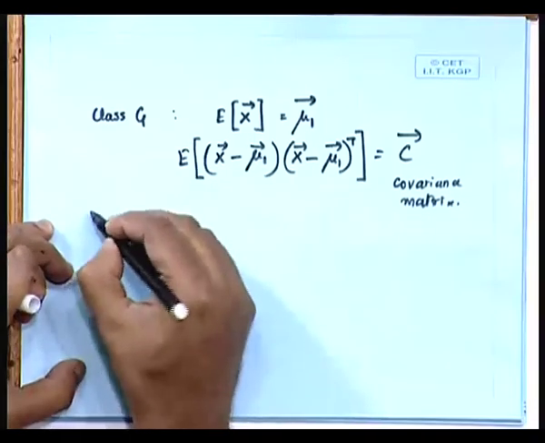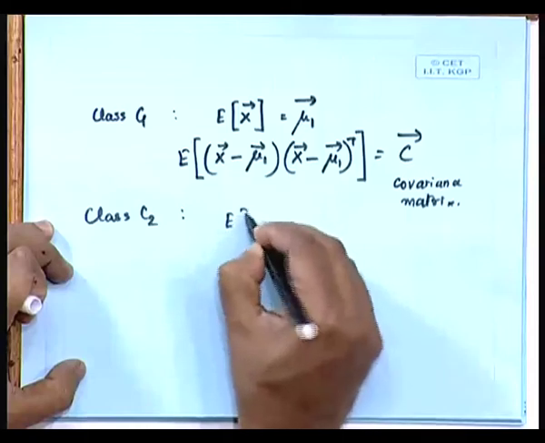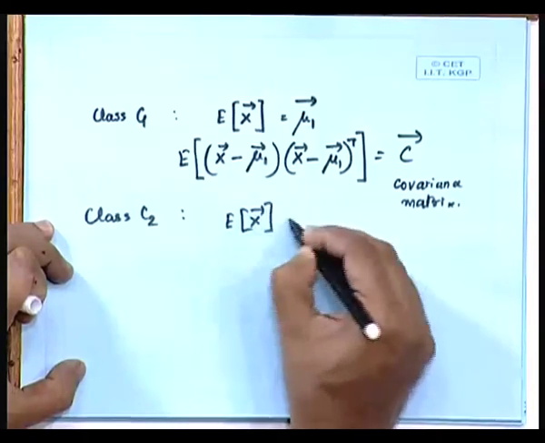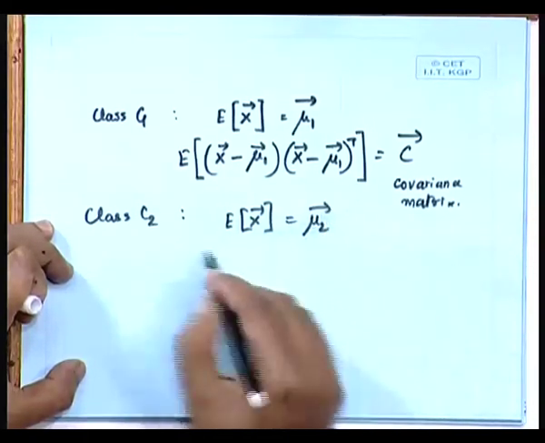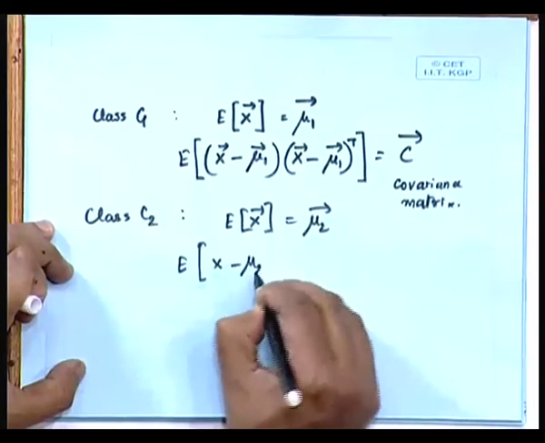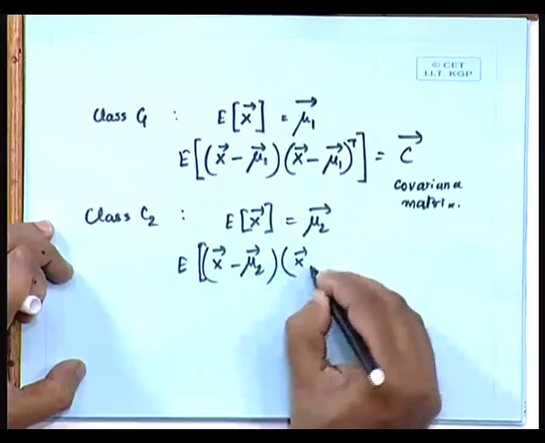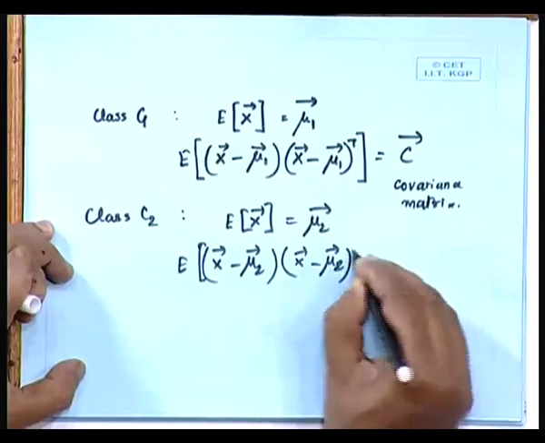Very similarly, for the case of class C2, the expectation of the x vector is equal to mu 2 vector, and we take the expectation of (x minus mu 2) outer product with (x minus mu 2) transpose.